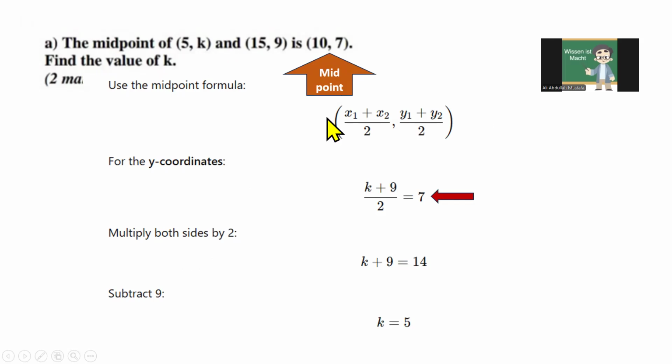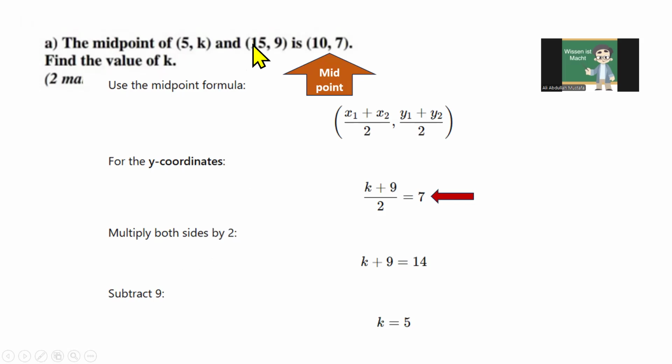Okay, we know that this is the formula to find the midpoint: x1 plus x2 over 2, and y1 plus y2 over 2. This represents x and this represents y. Where is the k which I'm looking for? After I substitute the values from these 2 points, x1 is 5, y1 is k, x2 is 15, y2 is 9.